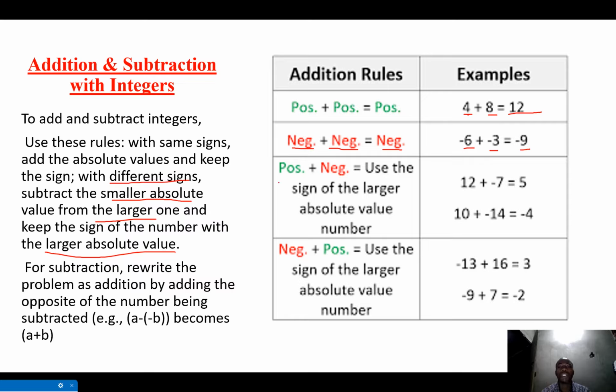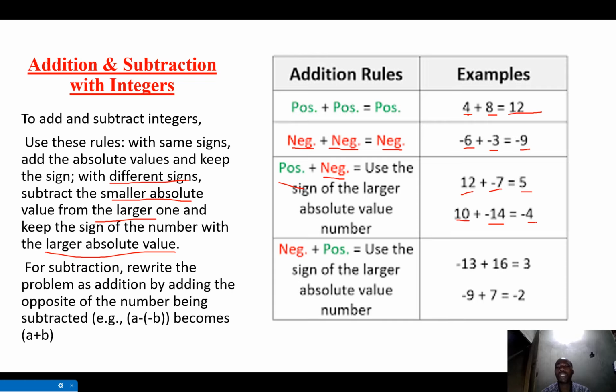If you have a positive plus a negative, depending on the one which is bigger, use the sign of the larger absolute value number. So for instance, 12 plus negative 7 will give us positive 5. But if we have 10 plus negative 14, it becomes a negative 4.